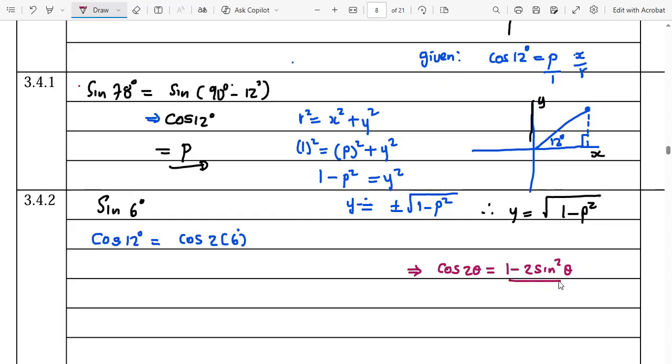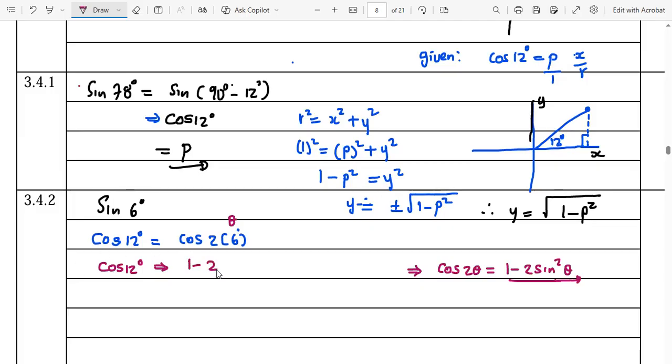That's the only identity that I'm interested in, because where there's theta, okay, let's say this is my theta, where there's theta on this formula, you need to put 6 degrees. I hope you understand.